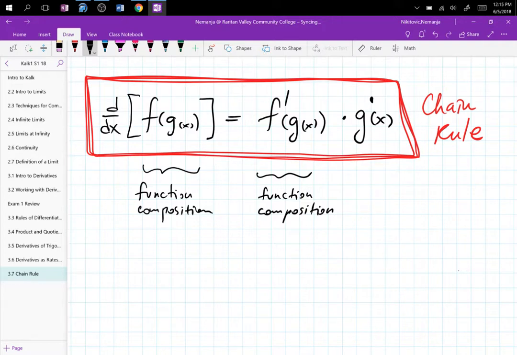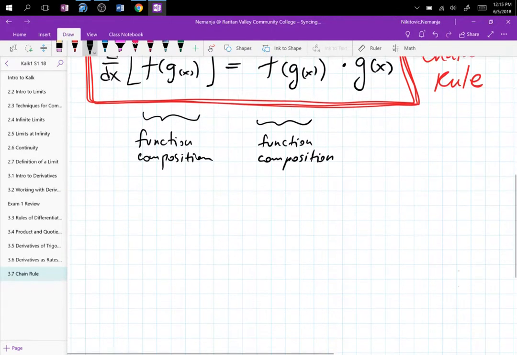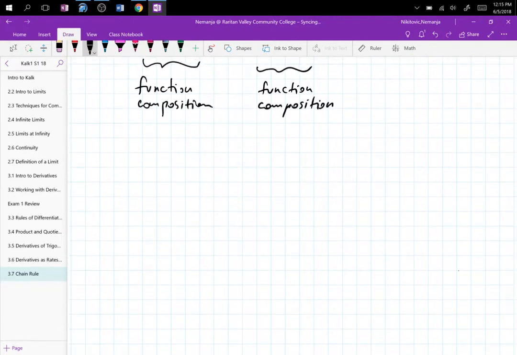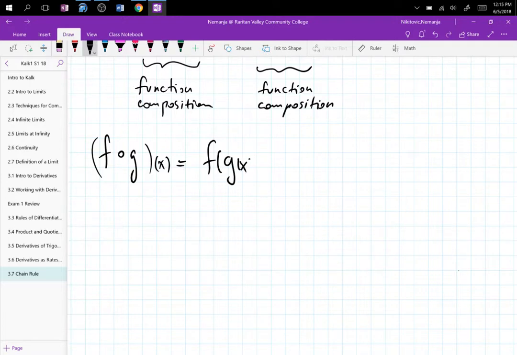And if you do not understand function composition, you are doomed, because you can't do any of the problems. So what is this function composition from your pre-calculus thing? First of all, f composed with g was you take f and you plug g inside.